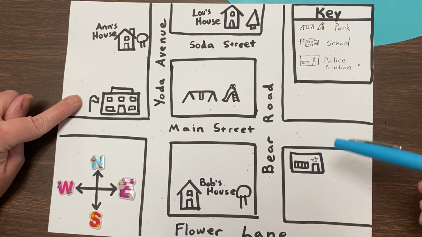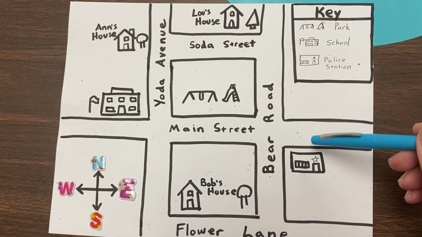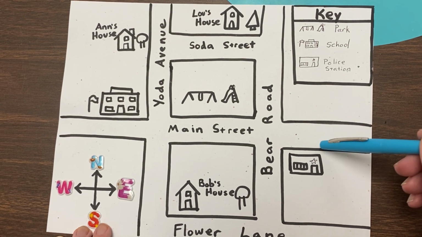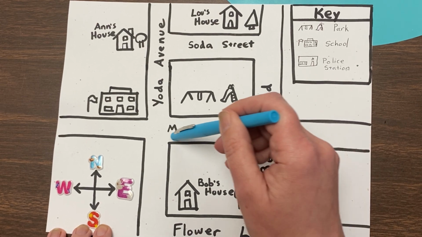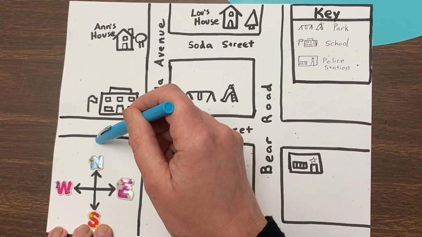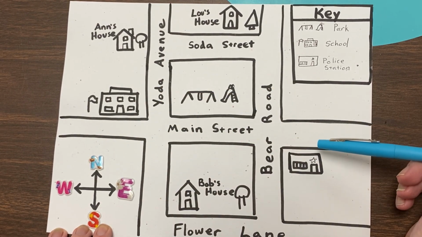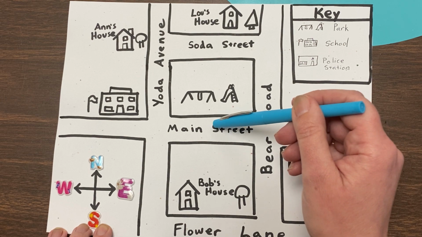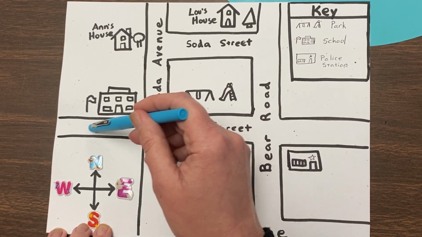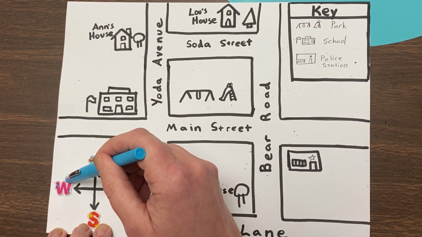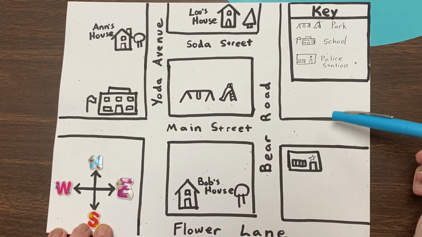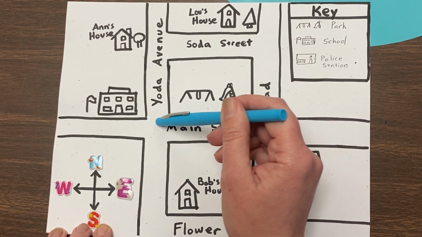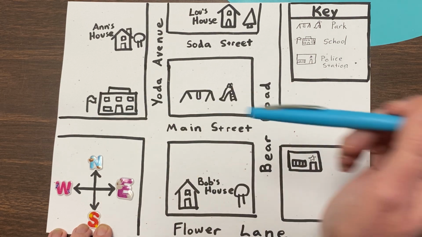Now, if the police officer wanted to get from the police station to the school, in what direction would he or she need to go? When we move this way, we're moving west.